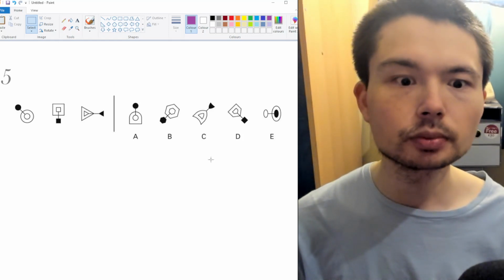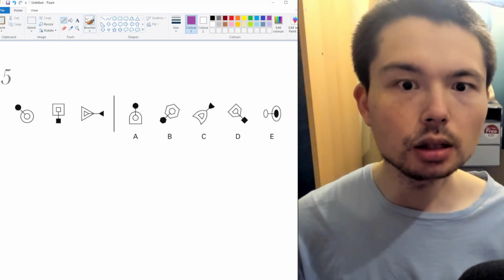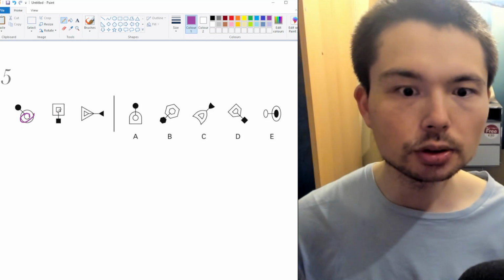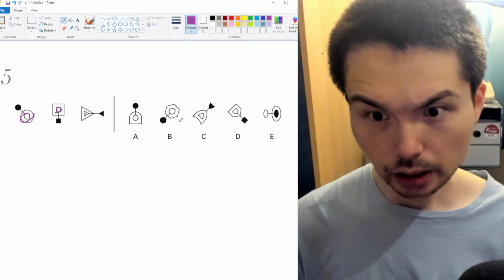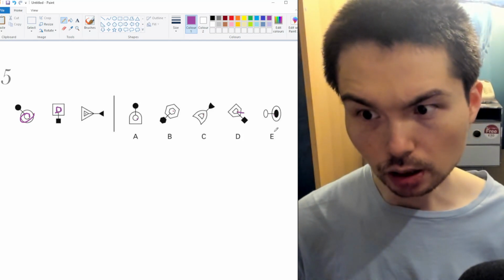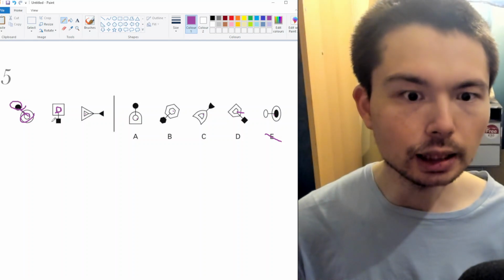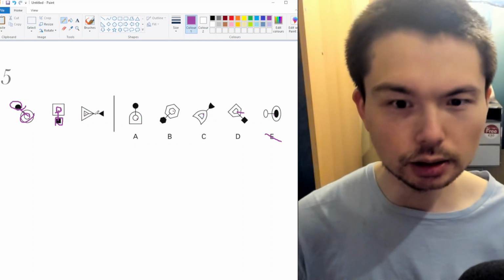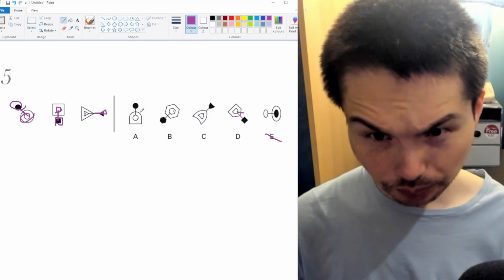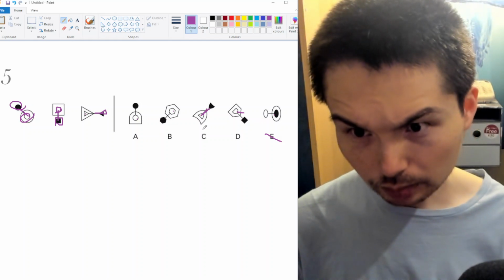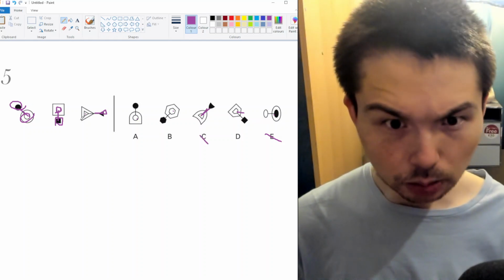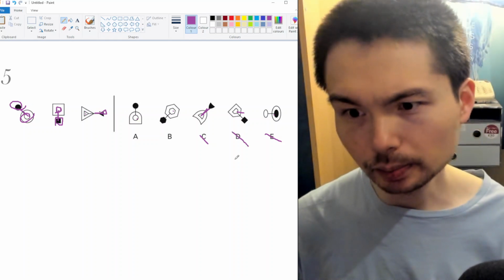Question 5. Shape inside is white. White. White. Yes, yes, yes, yes, no. Shape outside. Black. Connecting to it. Black connecting. Connecting. Yes. Yes, not connecting. Here. But also look at the two shapes. They are the same.